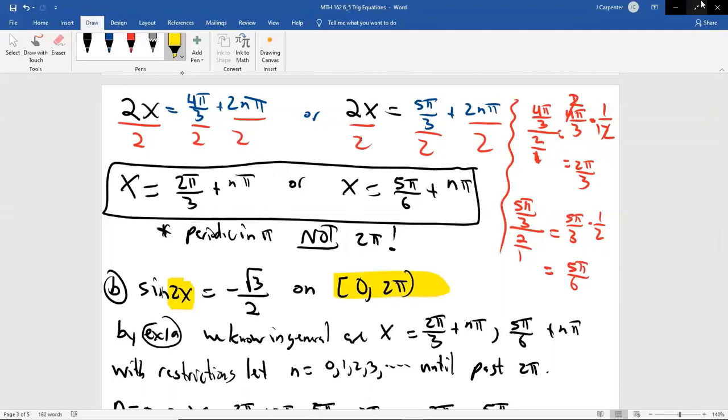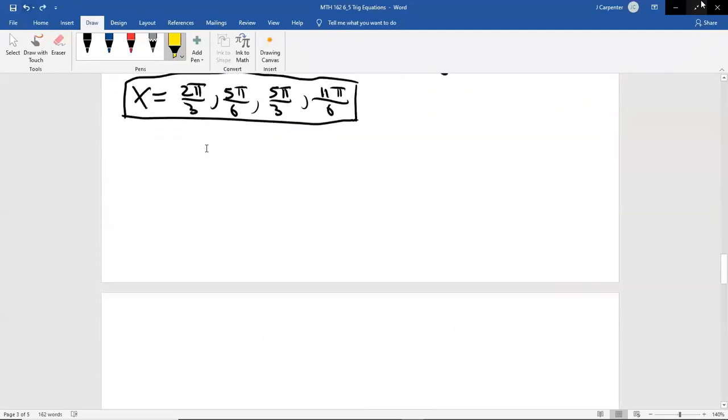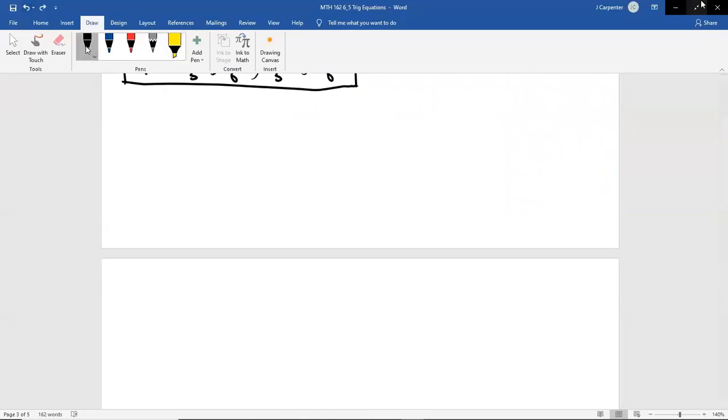Then I'd go back to x. Then, because of the restrictions, I have to go through n equals 0, 1, 2, 3, et cetera, et cetera, et cetera. There's a lot of details here to keep up with. Now, am I going to throw 5 of those on a test? Absolutely not. It would be 1 of them at most, and that is definitely a 1 at most.